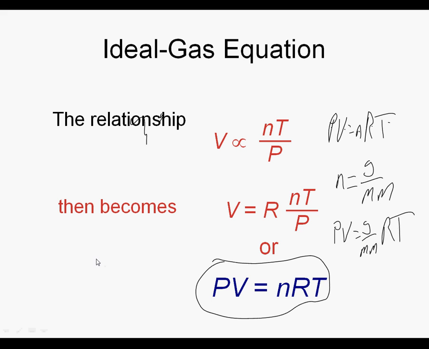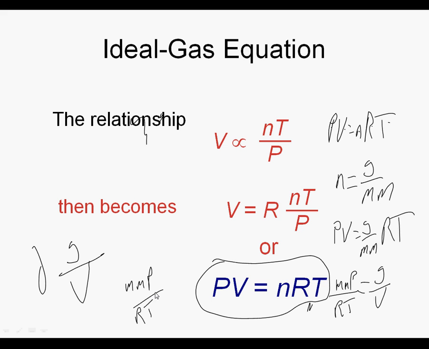Another thing they like to do is pull density out of this equation. Density is mass divided by volume, right? So I'm going to put g over V together, and I'm going to put everything else on the other side. MM times P over RT equals density.